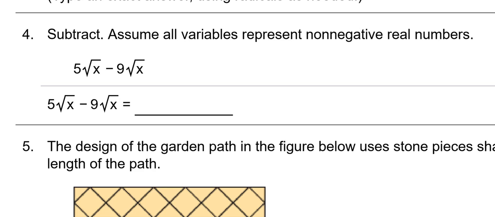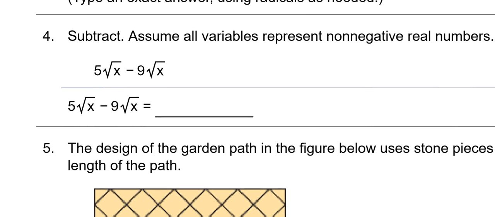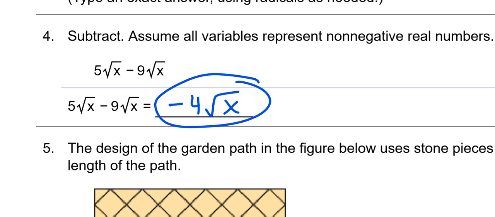What do you think? 5 take away 9 is... Come on, what's the final answer? Negative 4 is only part of the final answer. Oh, negative 4 radical x. Yeah, that's right. See, folks, not too hard.